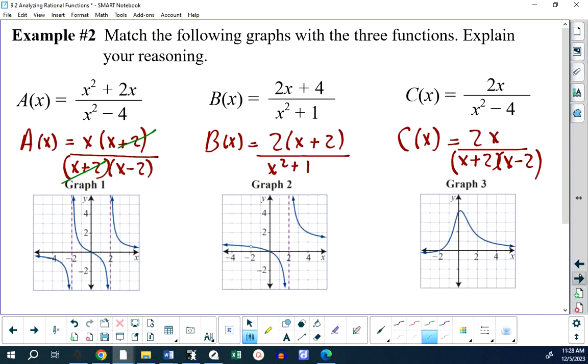So we're looking for a graph that has a hole at -2 and a vertical asymptote at +2. Well, that's that one.